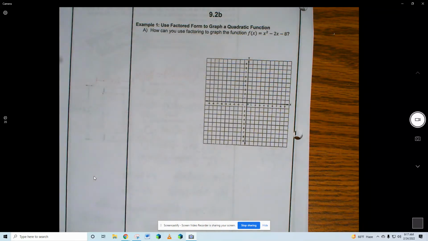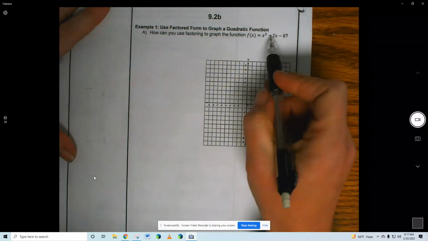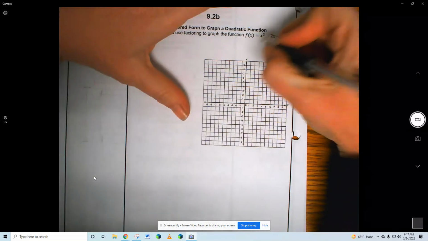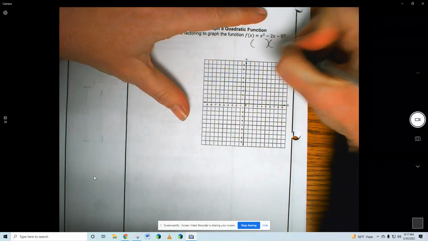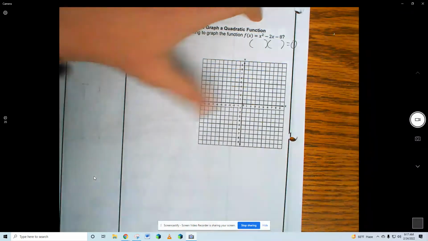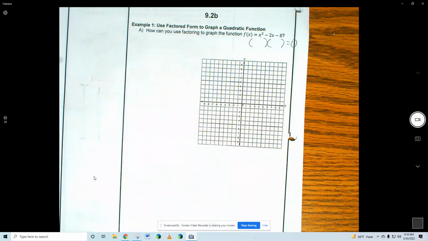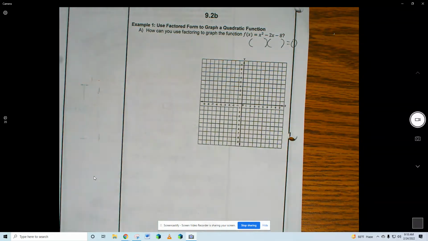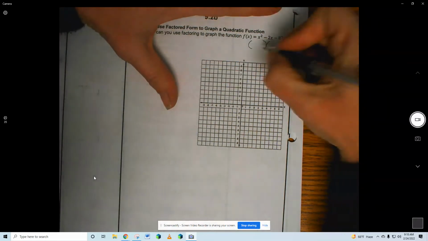So, what are the factors? What are the zeros of this? What two numbers multiply to make negative 8 and add up to 2? 4 and 2. And then the signs. So first do the numbers in your head, 4 and 2, and they're going to go here.